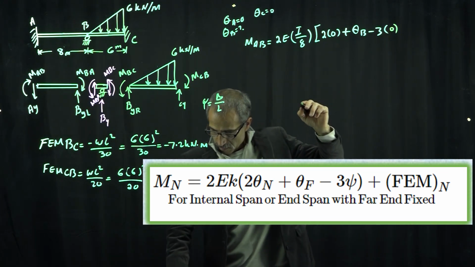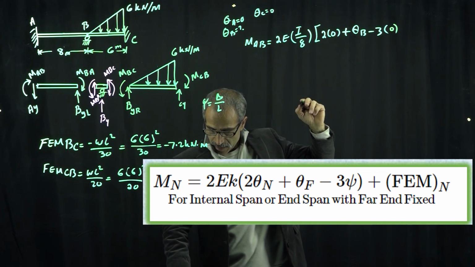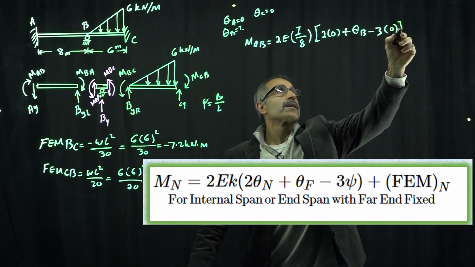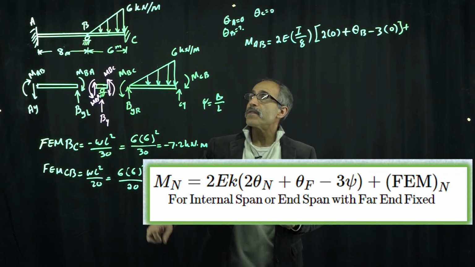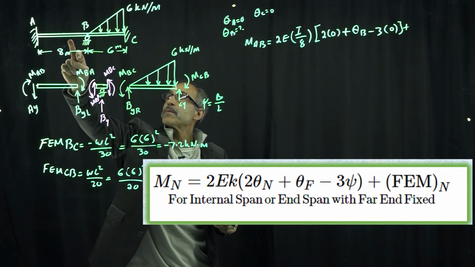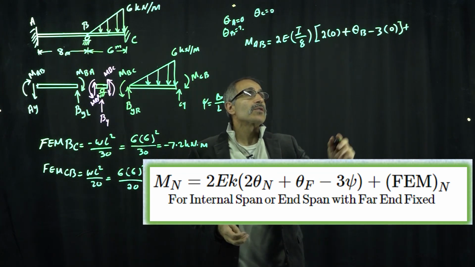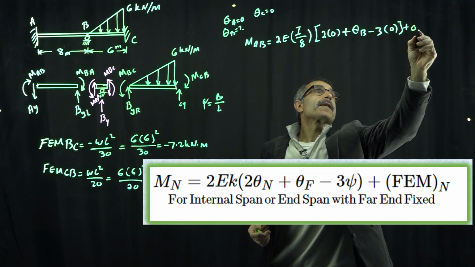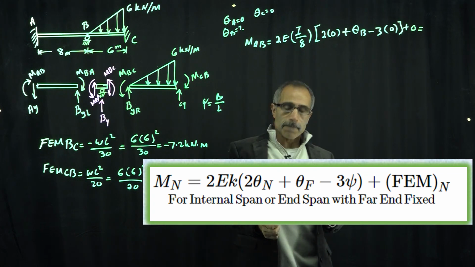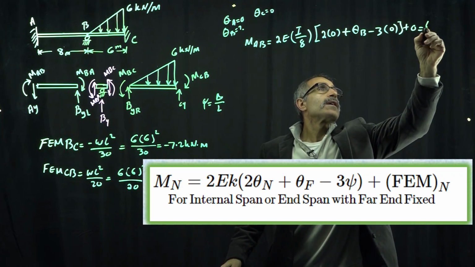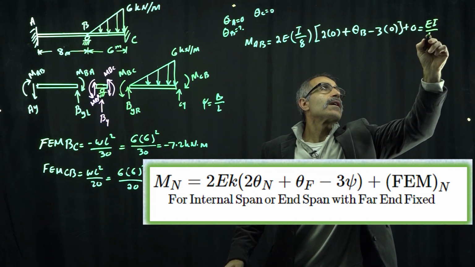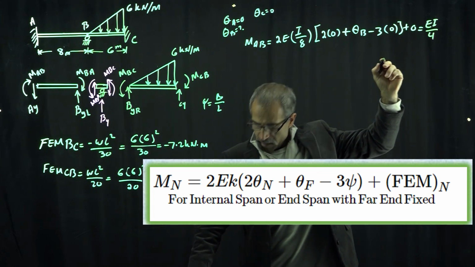Then the next thing we have is plus FEM, the fixed end moment between this beam, which is 0 because there's no load there. So plus 0, and that comes out to EI divided by 4 times theta B.